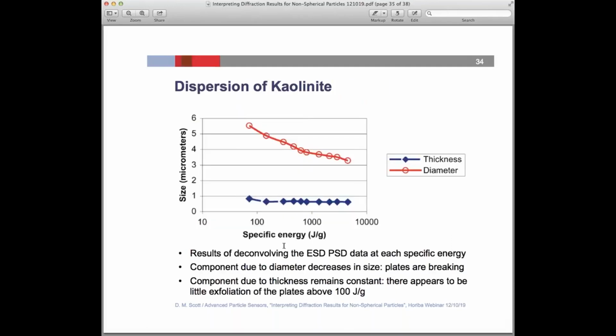If you plot that versus specific energy, you get a very interesting result. Basically, the thickness of the plate, shown here in blue, initially dropped a little bit, but mostly it's steady, even as we go up to very high specific energy. But the diameter was coming down. We're not even at a grind limit yet. The diameter is still decreasing as we go up in specific energy.